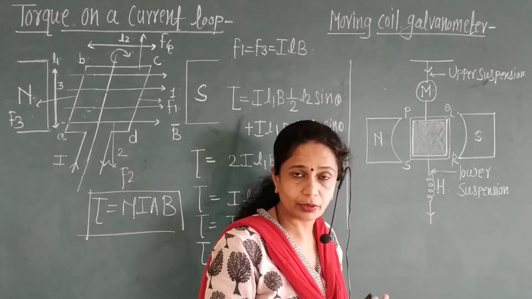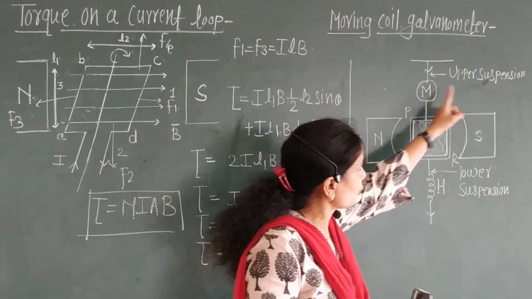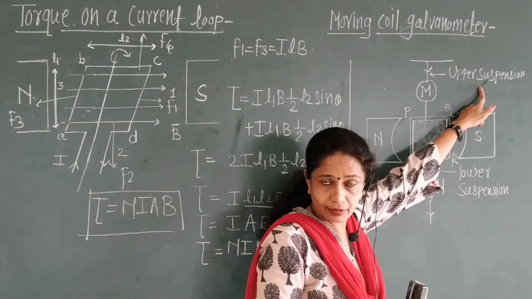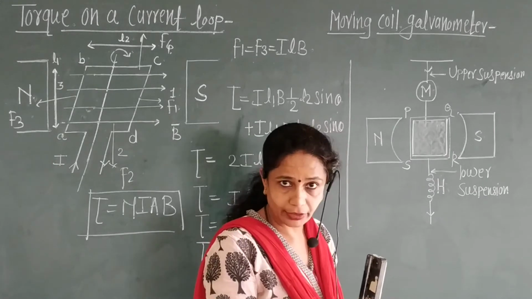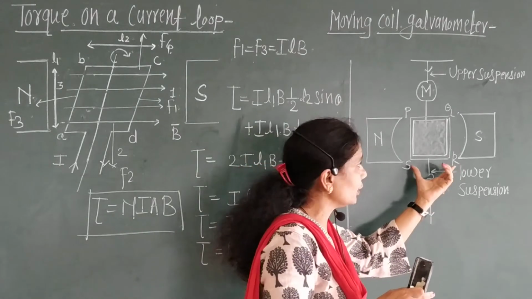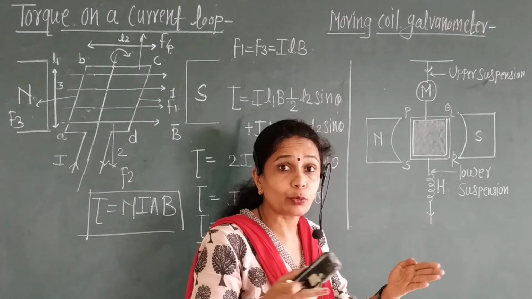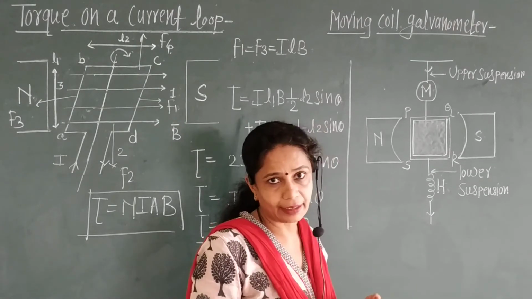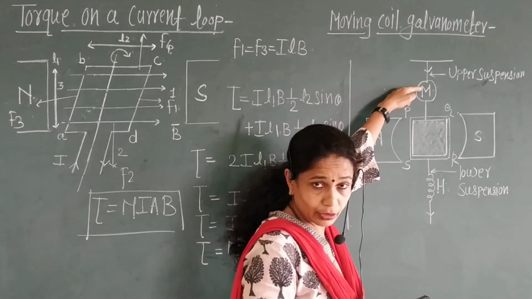It has a number of turns. It is suspended by means of a phosphor bronze fiber, therefore it can freely rotate. It is kept between the two horseshoe magnets, therefore it produces the radial magnetic field. Mirror is attached here to take the reading.